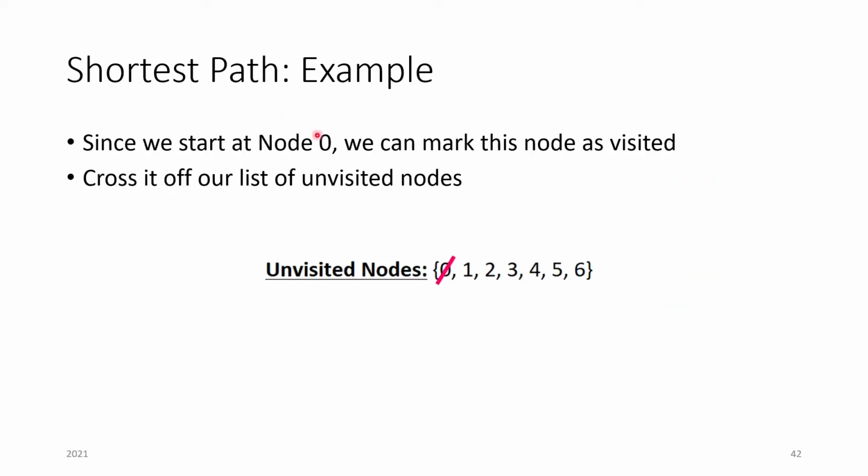Since we're starting at node 0, and node 0 to 0 is just 0, there's no set distance for this because this is our start point, so we mark it as visited and immediately remove it from our list of unvisited nodes.